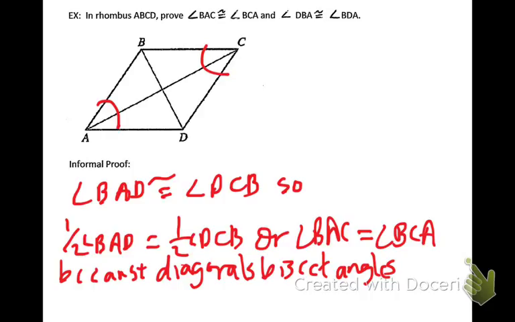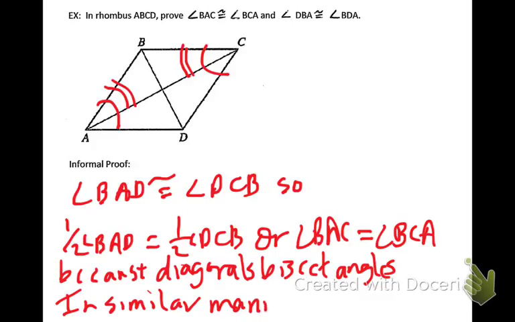So we've got these two congruent to each other. In a similar manner, we could say angle DBA equals angle BDA. So these two are congruent to each other.